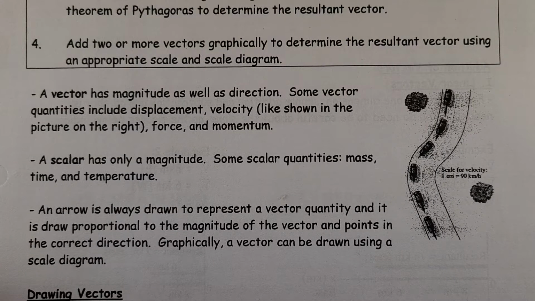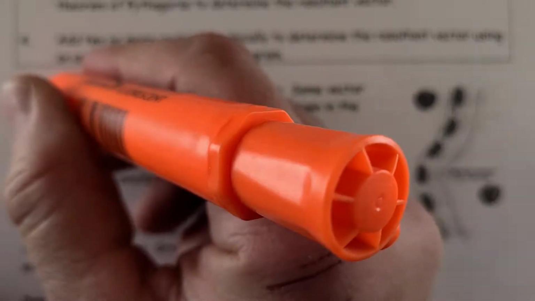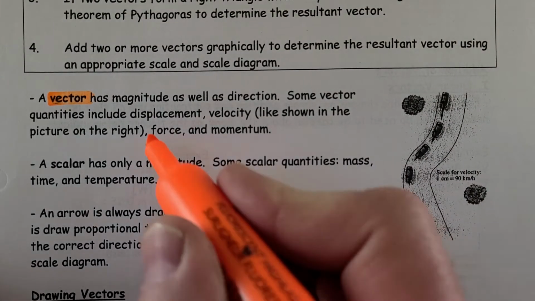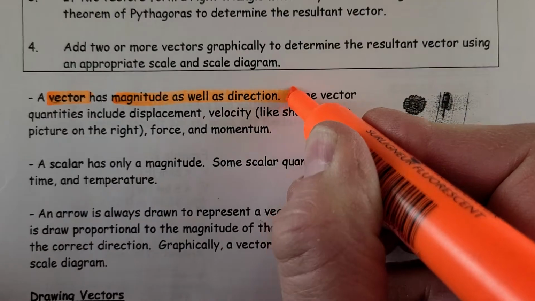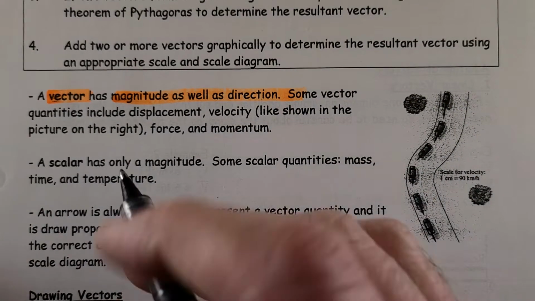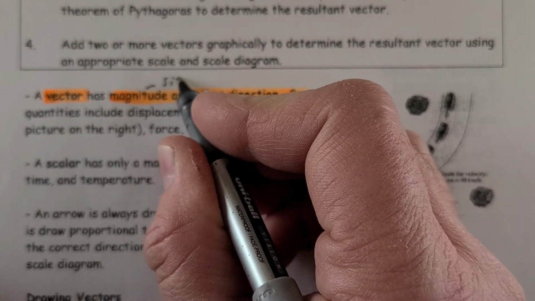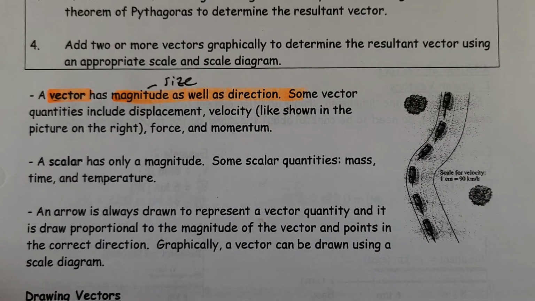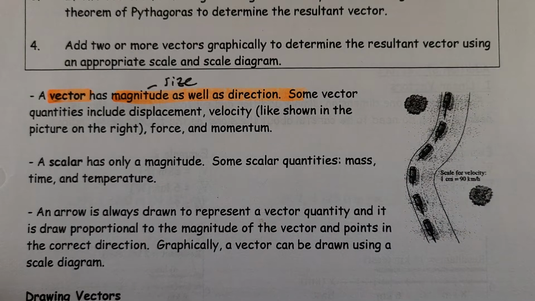So a few things to note. Defined here, a vector is something that has a magnitude and a direction. And by magnitude, what we really mean is it has a size, so it has a bigness, and also a direction, and we'll look at some of the direction conventions with that.